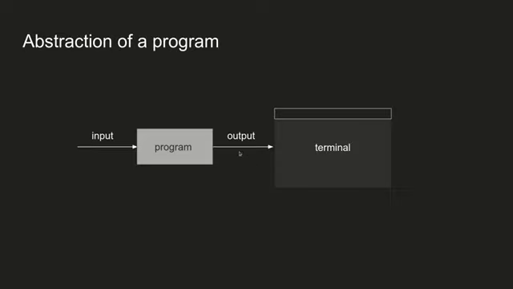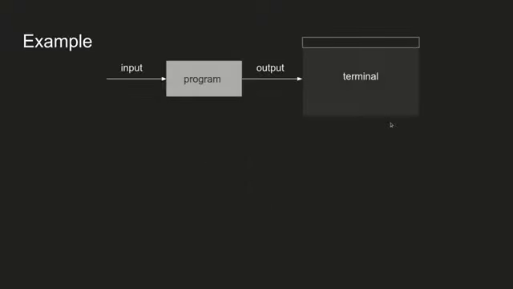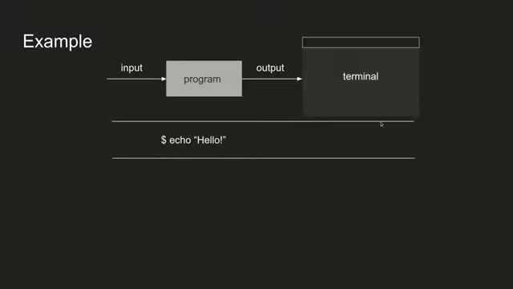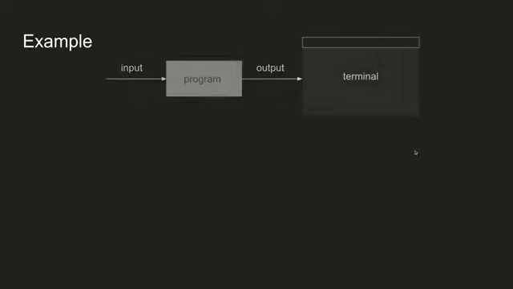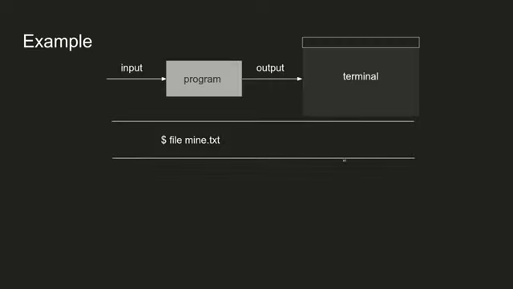With the programs that we have been using, their output goes to the terminal window. One example of this is echo hello. Hello is the input to echo, and it's also the output. And it goes to the terminal window. Another example would be the program file that does a little bit more than echo.